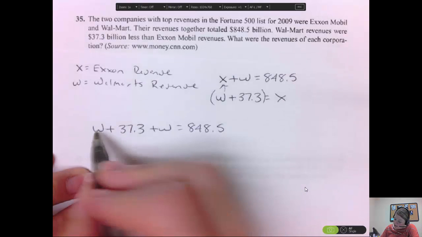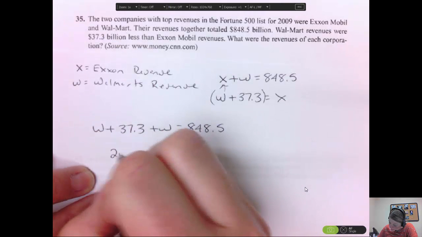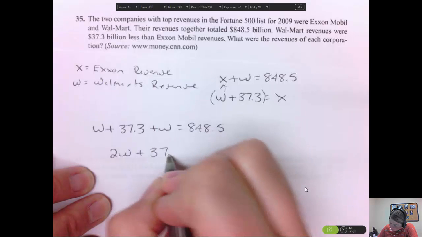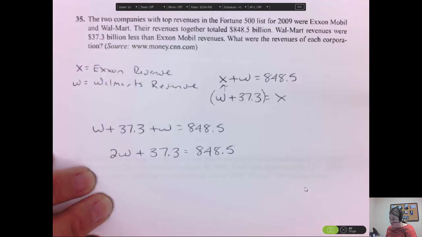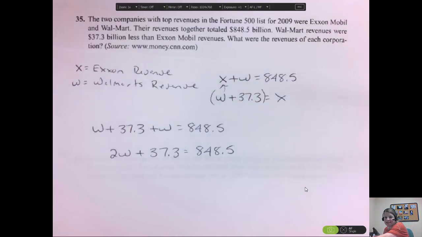Then from here, W plus W is 2W. Then I want to take 848.5 minus the 37.3. I'm using a calculator.